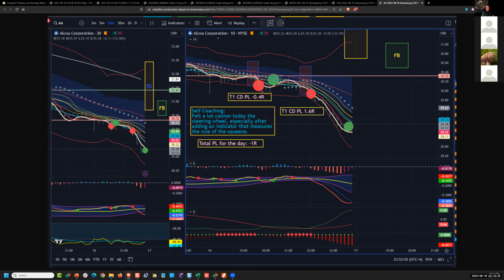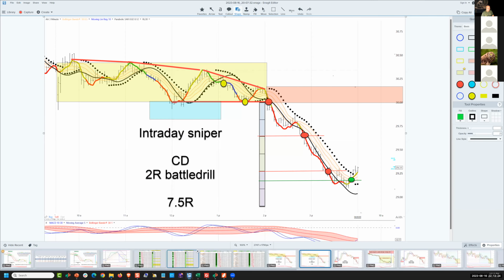How beautiful is that? That's the other one. Oh, wait a minute, I think I actually took that one today, too. That was the opportunity trade in Alcoa. You took it exactly where I took it. This is pure execution risk with the 2R battle drill added.